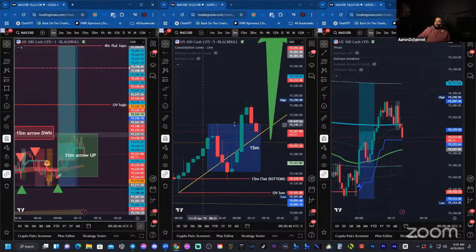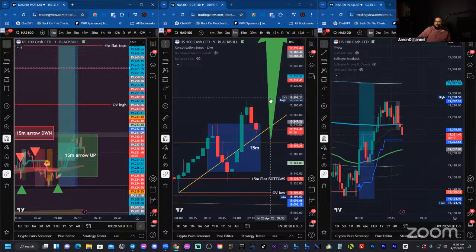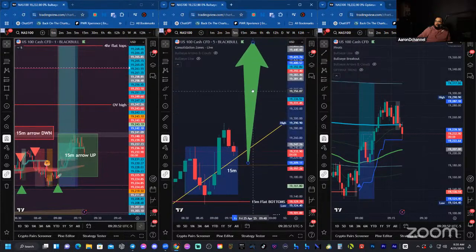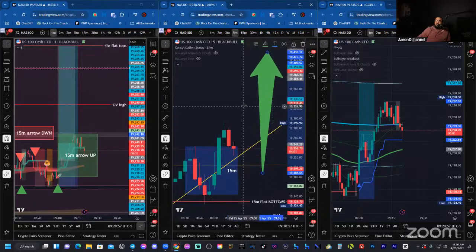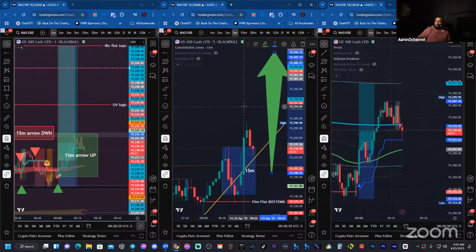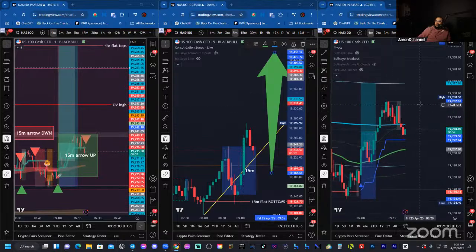Let's see what happens. We got this local trend line here still. Maybe retrace, bounce up. I don't know. I still have a green arrow up here, so as long as this green arrow is still on our chart, I think that the price is gonna go higher.